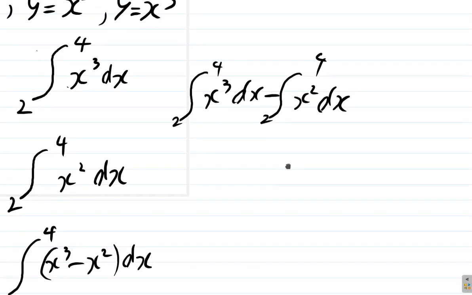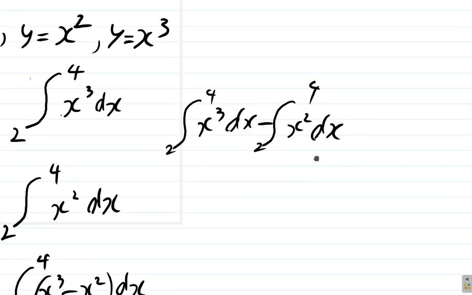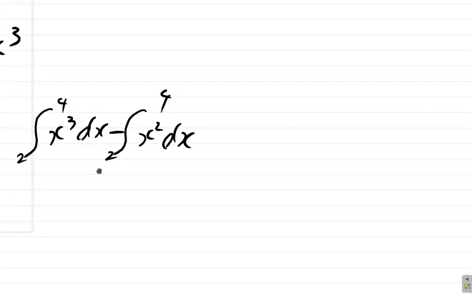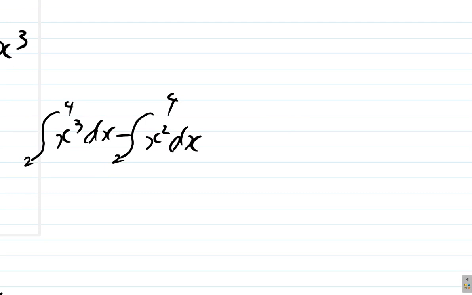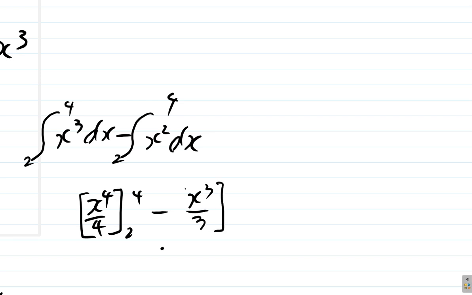Now, the other thing I'm saying, suppose we did each integral separately and subtract them. What would happen? We would have integral of x cubed is x to the 4 over 4, and we go from 2 to 4, minus integral of x squared is x cubed over 3, going from 2 to 4.